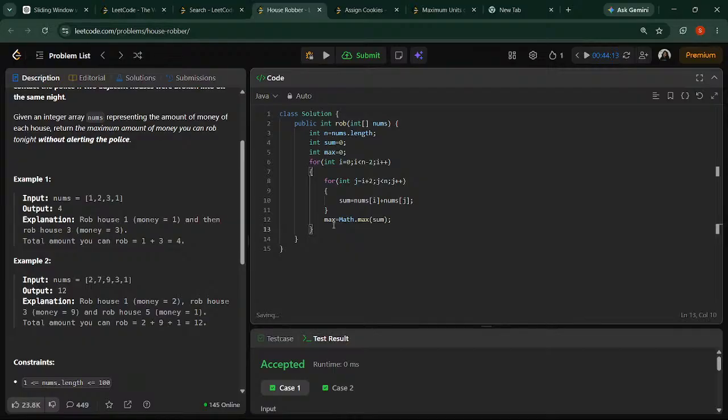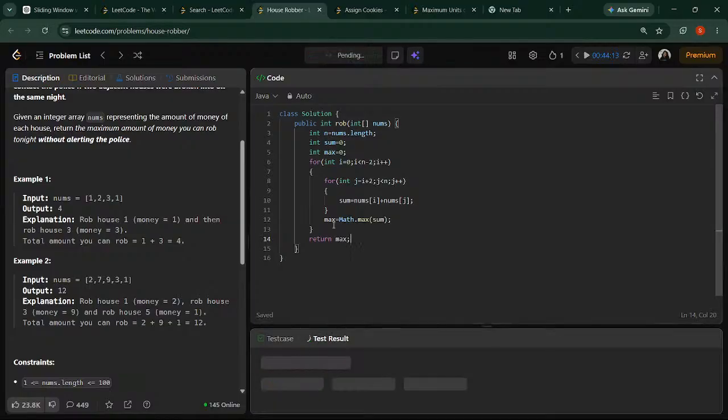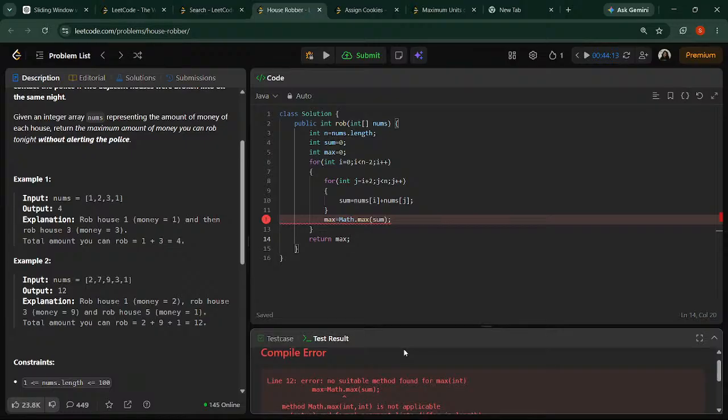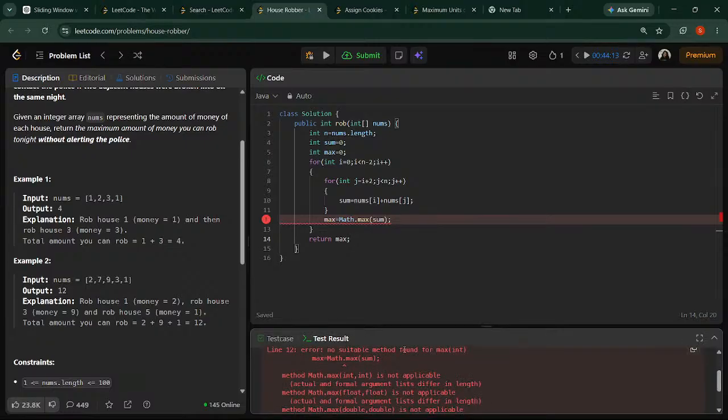Now I have to return max here. Error: no suitable method for max. Comma, Math.max.